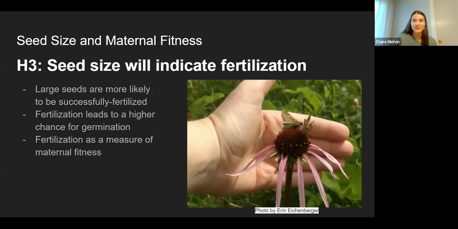So because of this, fertilization can be a measure of maternal fitness. And I predicted that larger seeds would indicate successful fertilization, and therefore give insight into what the maternal fitness of the plant is.